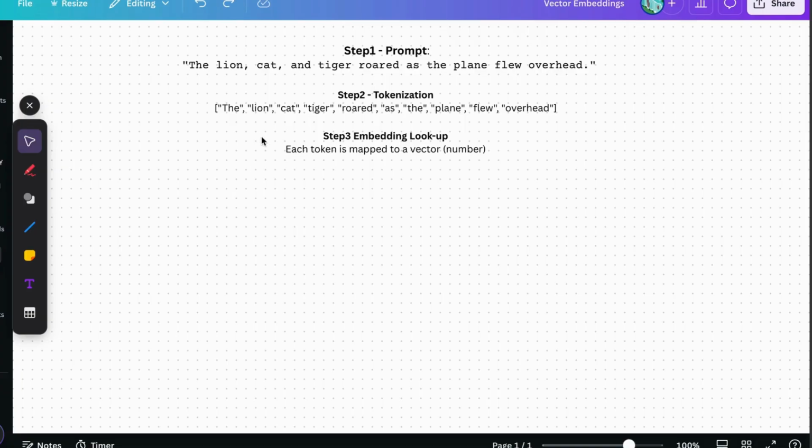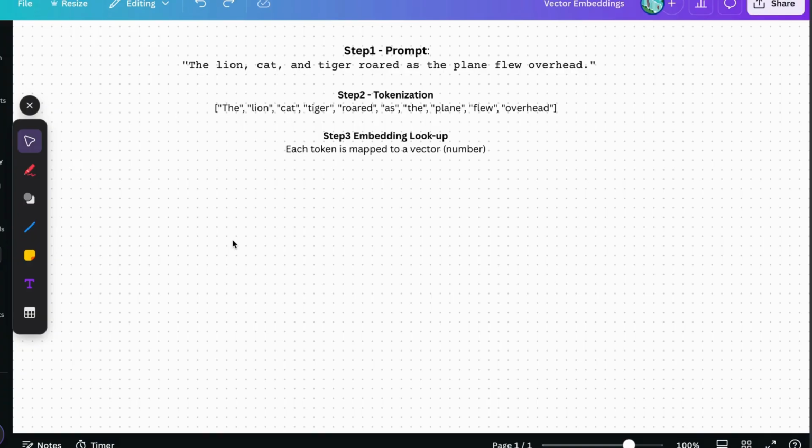Specifically, let's take these four words, lion, cat, tiger, and plane, for example, and ignore the others, to understand the context. As humans we really understand what context is. We went over it at the start of module 2.